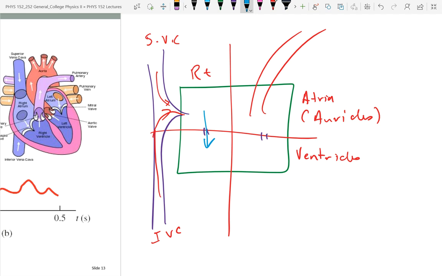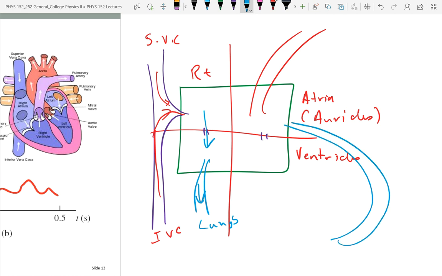Okay, then you have the right ventricle pumps blood out into the lungs, and then it returns from the lungs to the left atrium, drains through the bicuspid valve into the left ventricle. The left ventricle is the big, meaty, muscular part of the heart that pumps the blood out through the arch of aorta.